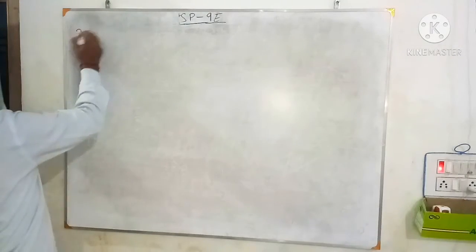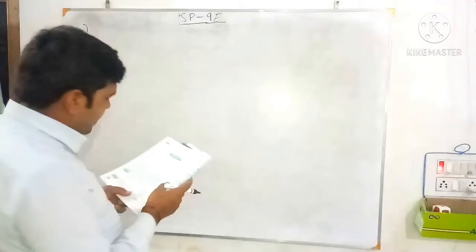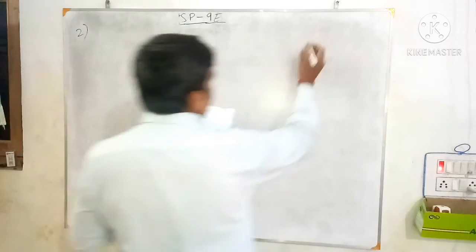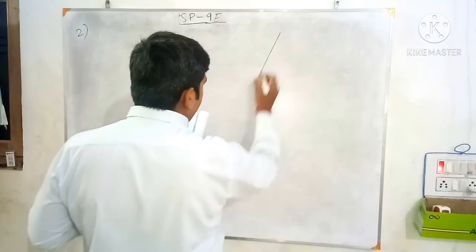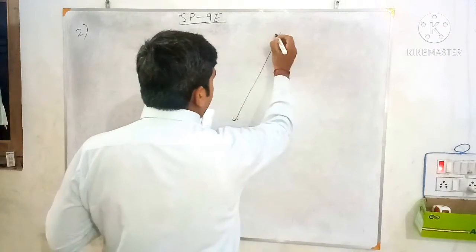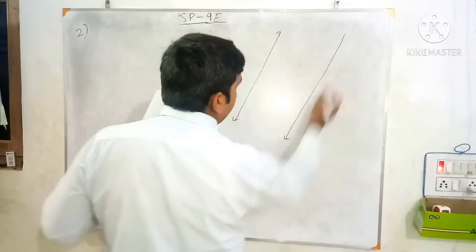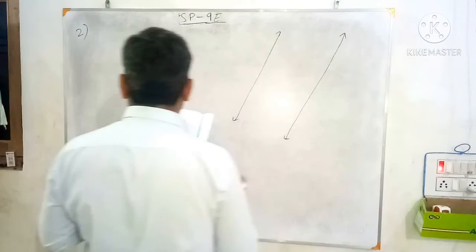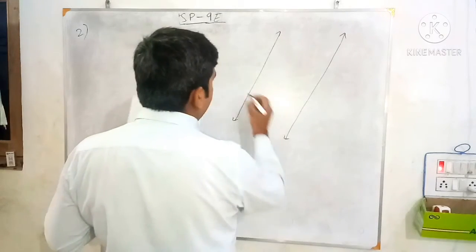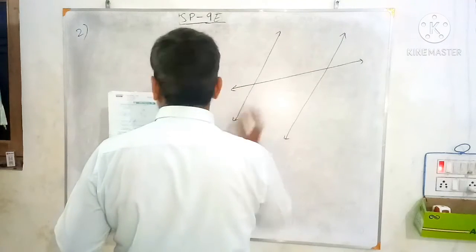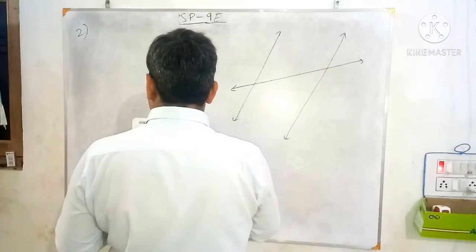So now in question number 2, I will explain and then leave you the homework. You can do it. In this also two lines are parallel. These two are the parallel lines. Now one is a transversal.